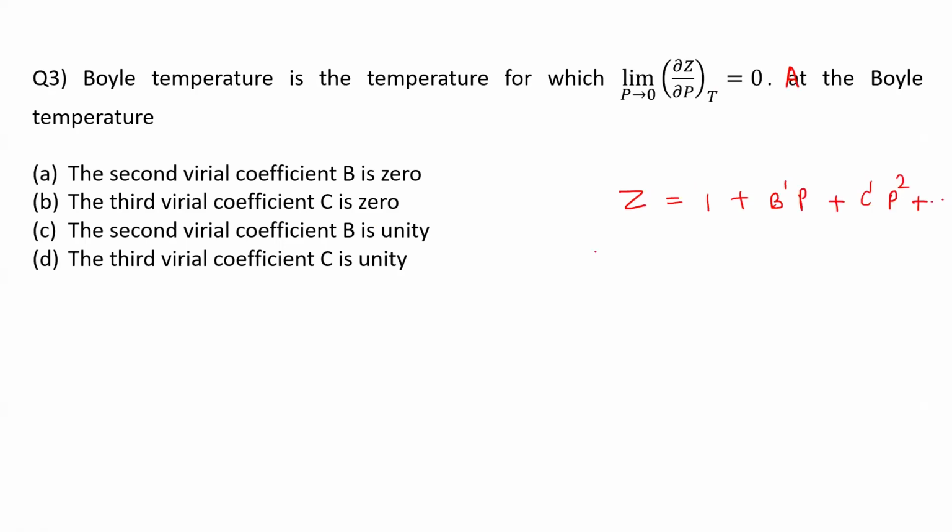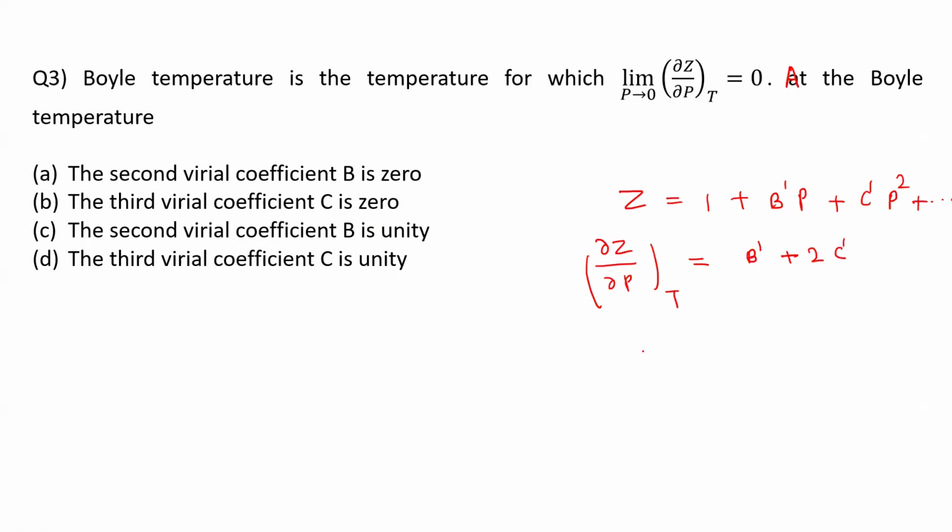So ∂Z/∂P at constant T, constant T is taken because the B' are functions of temperature only, equals B' + 2C'P + so on.